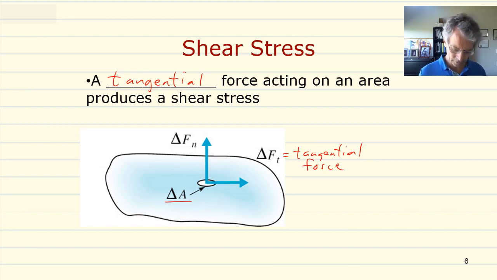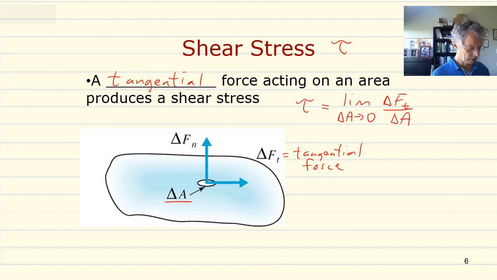So we could say in this case, our shear stress, which we will use the symbol tau for, is going to be the magnitude of that tangential force divided by the area. And if we want the stress at a point, we need to shrink that area in the limit to 0. Okay. So we said fluids will move under the action of a shear stress no matter how small in magnitude.